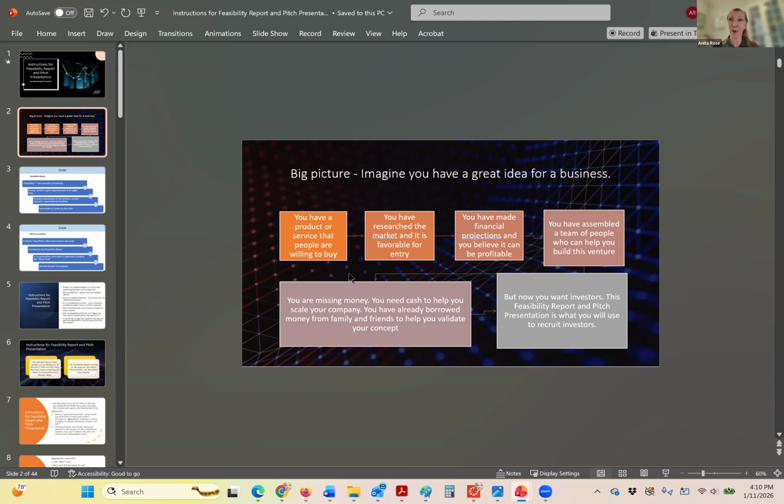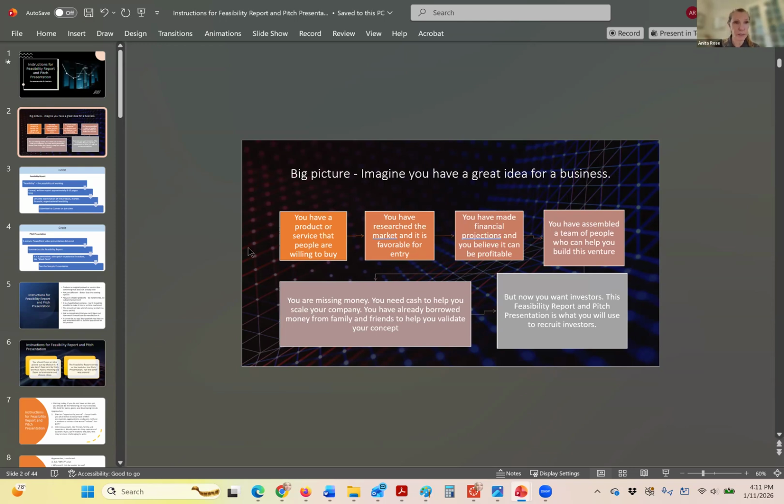And that's where we need to have our pitch presentation. You're going to be pitching to an investor group, similar to a Shark Tank type of environment, and you will be asking them for money, unless you have enough money and don't need funds at all, which is rare. Then you will just be pitching your product to an audience that might want to purchase it instead.